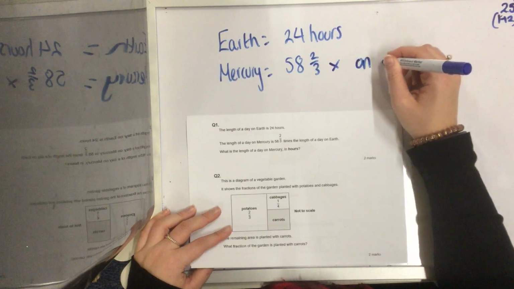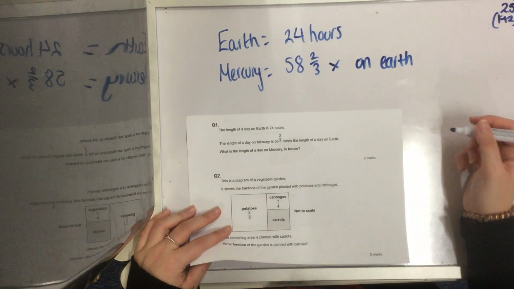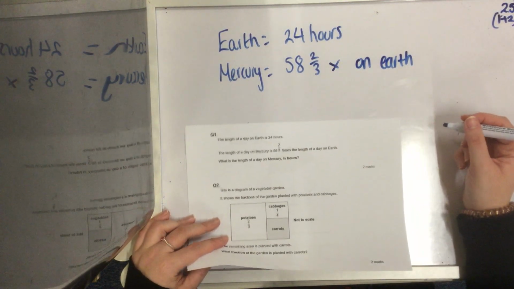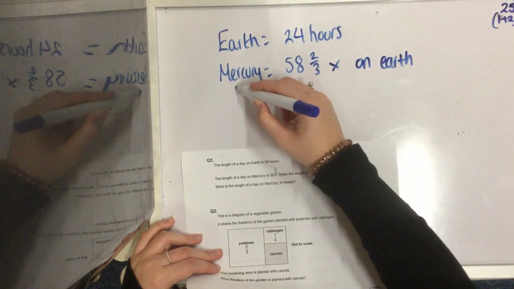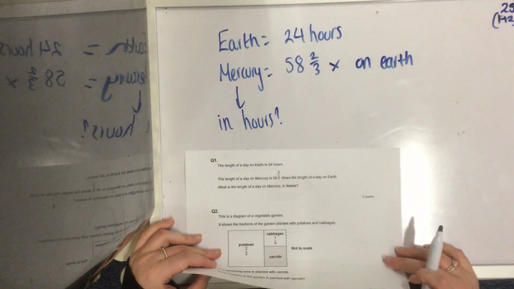Times on Earth, I'm going to write. And we're trying to find out the length of a day on Mercury in hours. So that's what we want to know. We want to know in hours. So I'm just popping this information down for myself.